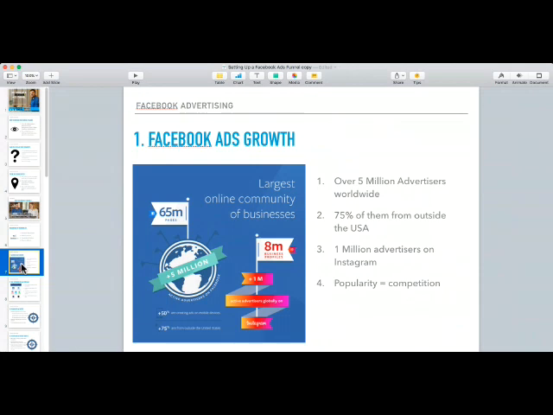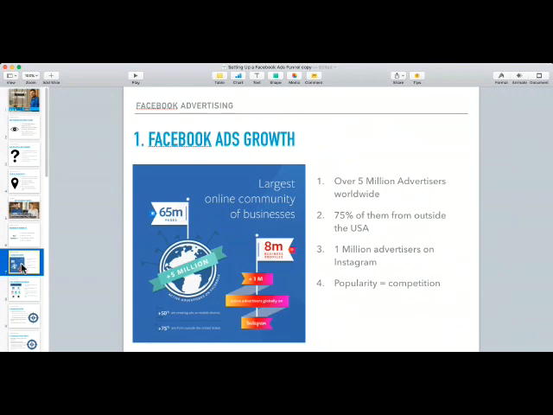These stats are actually from April of this year. They ticked over 5 million advertisers in April of this year, and I think in September or October of last year, they were at 4 million. So I'm expecting if that growth has continued, then they're probably not far off ticking over 6 million advertisers around the world. Interestingly, 75% of them are from outside of the USA as well.